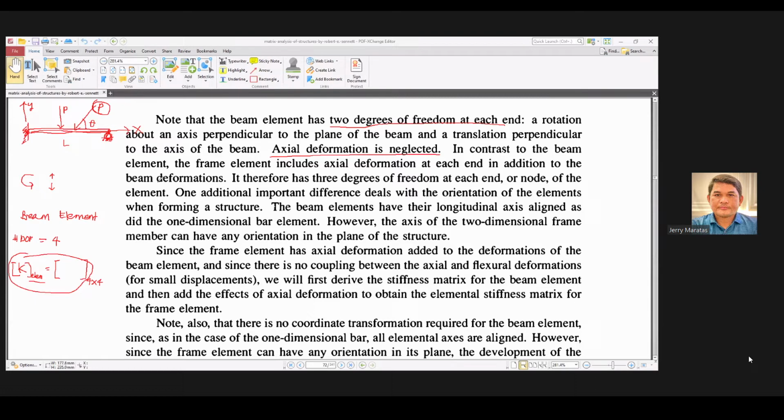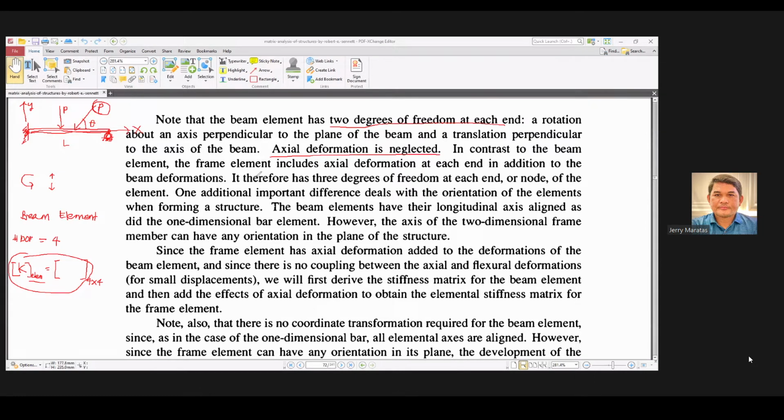If there is an axial stress, that element is now a frame element. Okay, so please take note of the difference between a beam element and a frame element. A frame element has three kinds of stresses: you have the bending stress, flexural stress, you have the shear stress, and the axial stress.